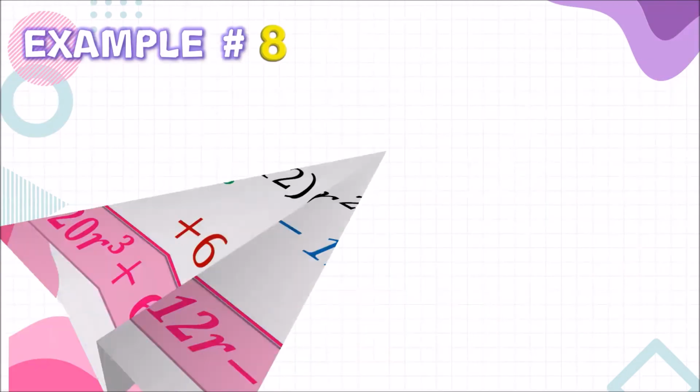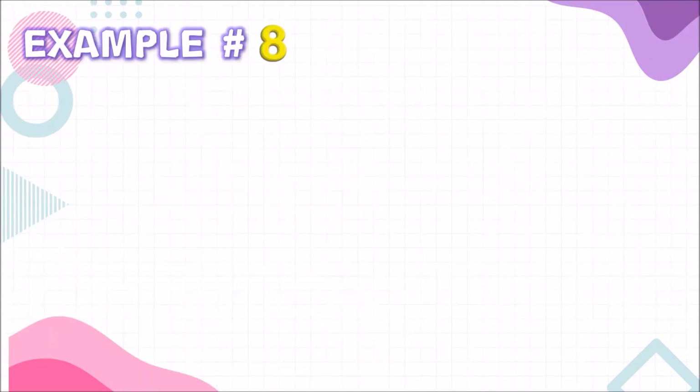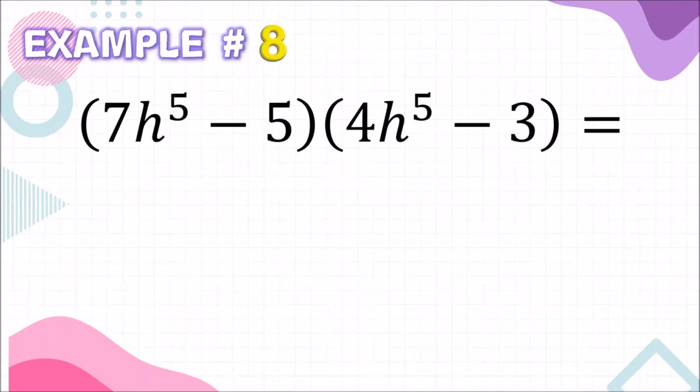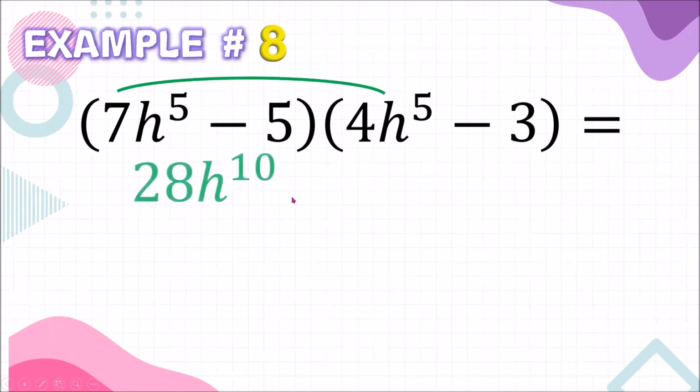Last example for multiplying polynomials. Example number 8. We have here the quantity 7h to the 5th minus 5 times the quantity 4h to the 5th minus 3. So we have here the first term. 7 times 4, we have 28h to the 10th. 5 plus 5, 10.